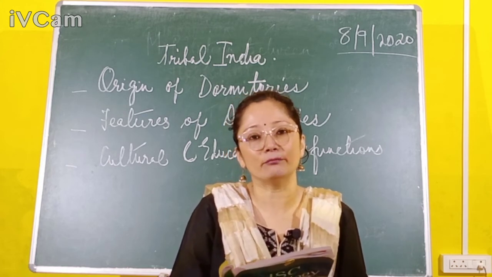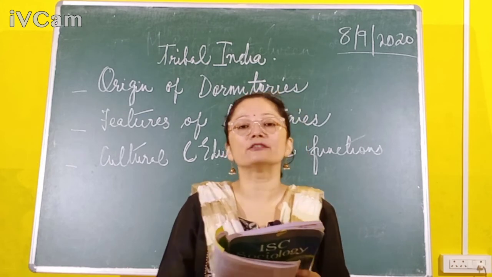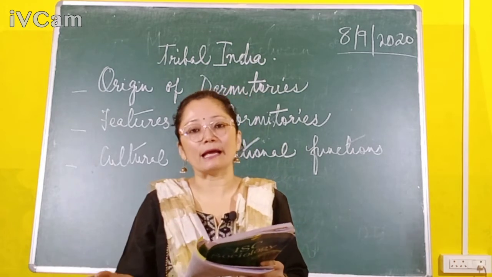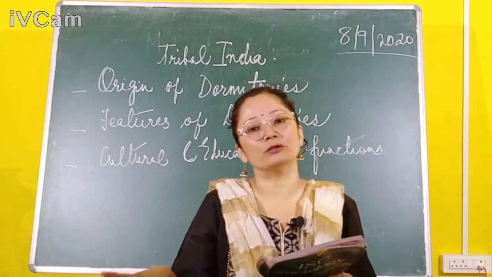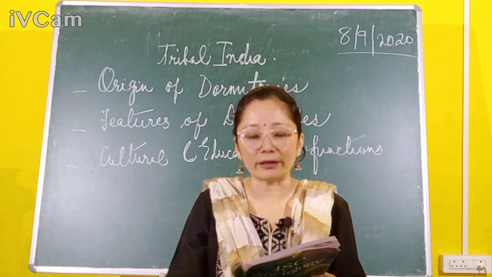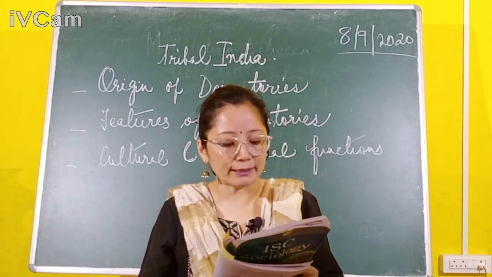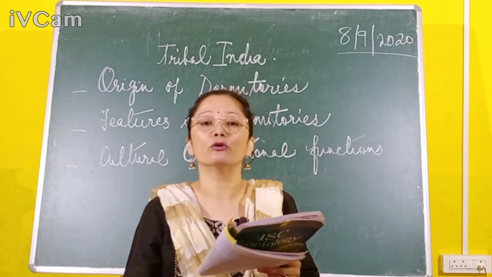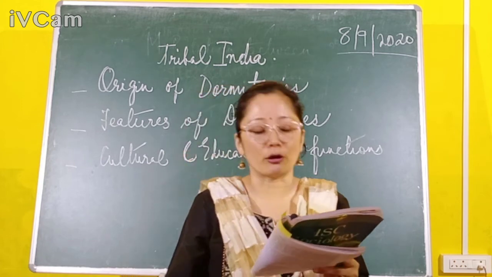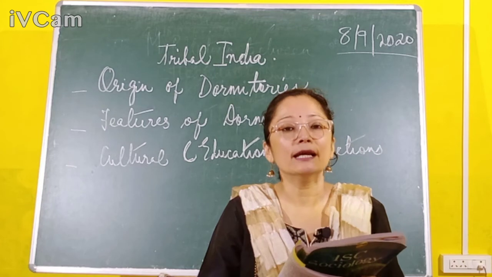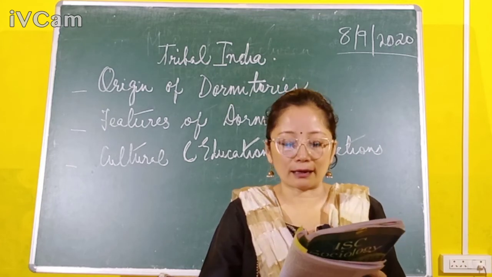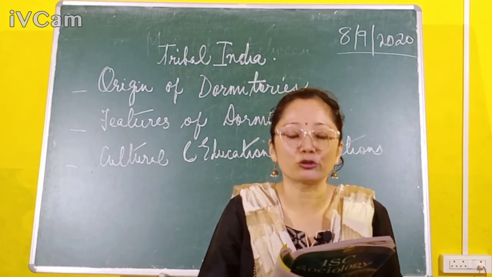Memis is a Naga clan, and the Naga people have two separate dormitories, one for the girls and one for the boys. For the male dormitory, they use the word Ikoichi, and for the female dormitory, they call it Eloichi. Angami is another Naga clan. They call it the Kichuki.